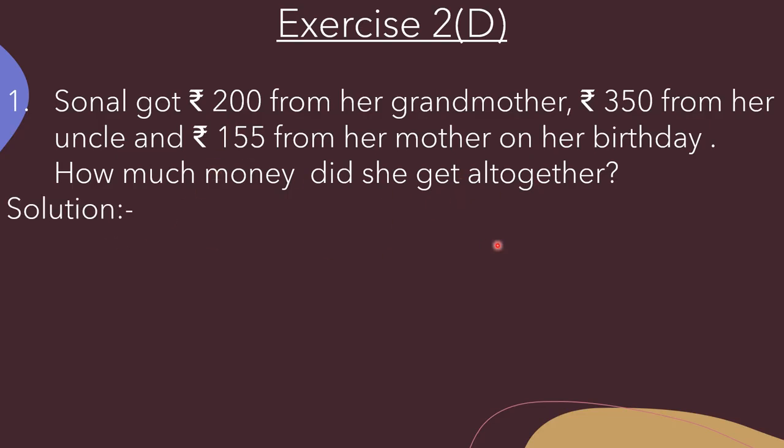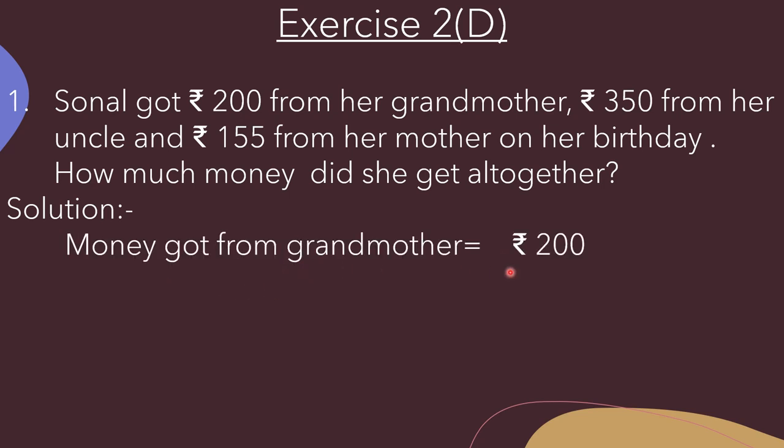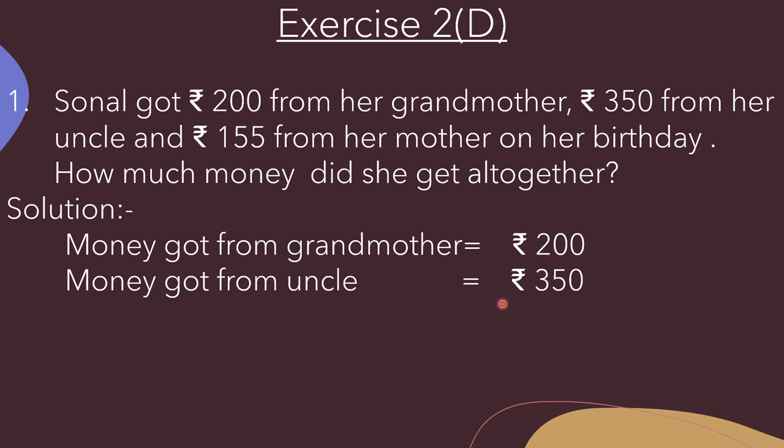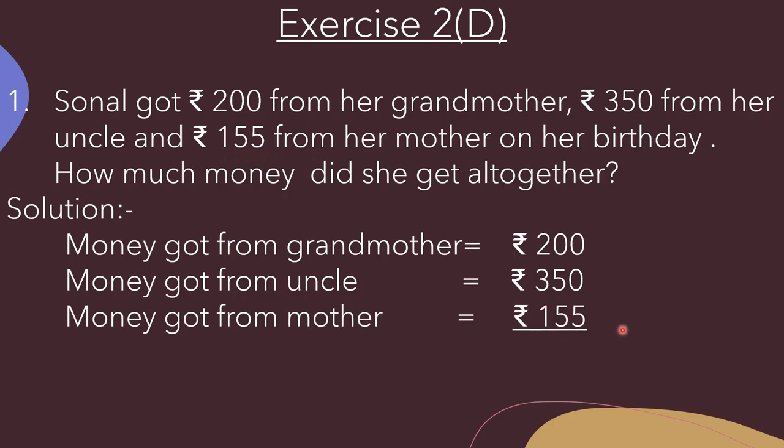First of all, we will write money got from grandmother, that is rupees 200. Because paise is not there, beta, we don't need to write rupees and paise separately. Now money got from her uncle is rupees 350, and money got from her mother is rupees 155.